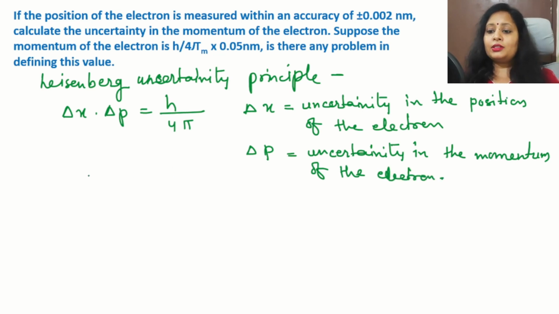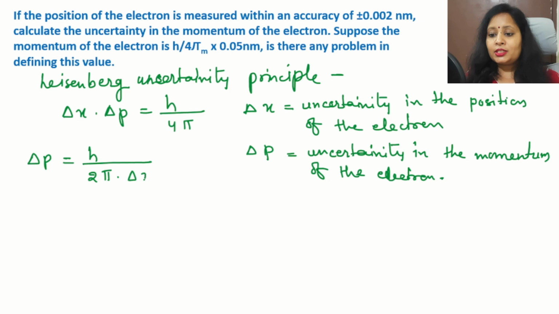Fine. So in this way, the first thing we need to find in the first part of the question is the uncertainty in the momentum of the electron, that is del p. Its value should be h upon 4 pi into del x. Here h is Planck's constant.